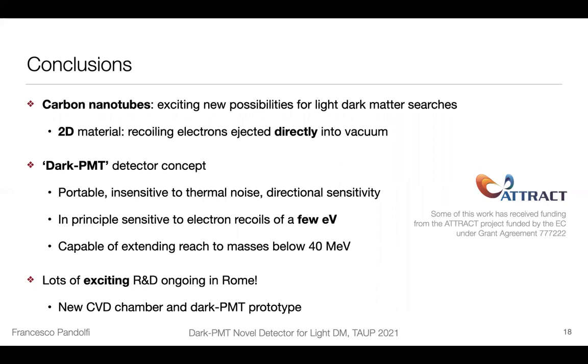It has a lot of features. It's portable, it's insensitive to thermal noise, and it has directional sensitivity because of the direction of the nanotubes. In principle, we would be sensitive to electron recoils as low as a few electron volts, and this would make us capable of extending the reach to lower masses, particularly to masses lower than 40 MeV.